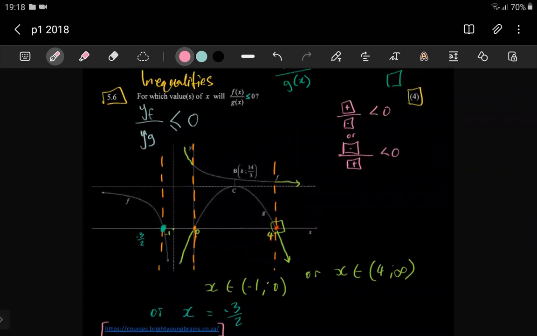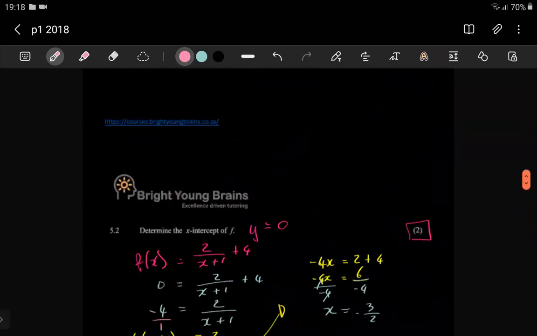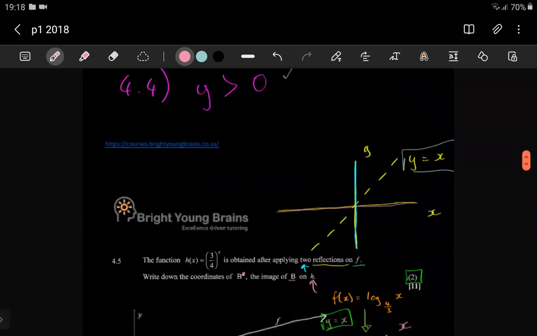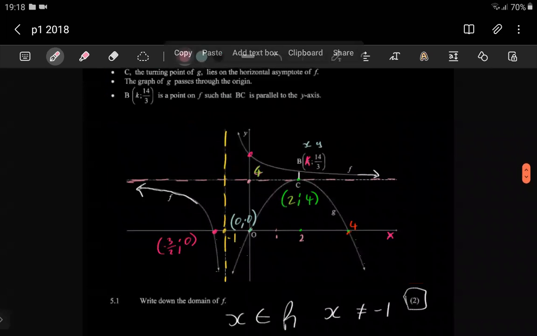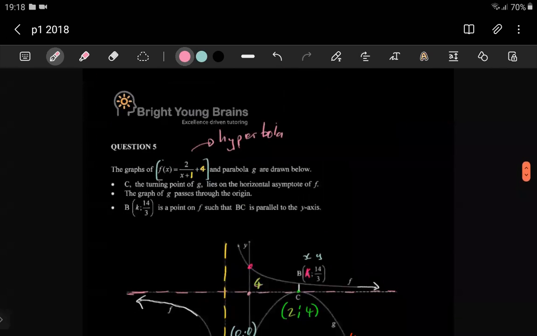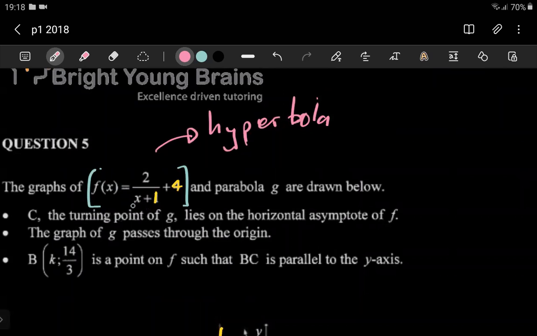The fortunate thing is, okay, I don't know if it's fortunate or unfortunate, but if you look at it nicely, I'm trying to go to the equation of g. If you look at how the equation of g is given, you can already see that it has a fraction and all that.